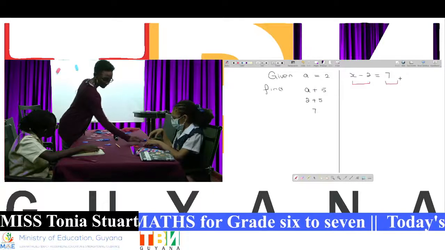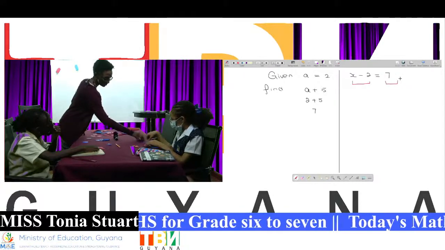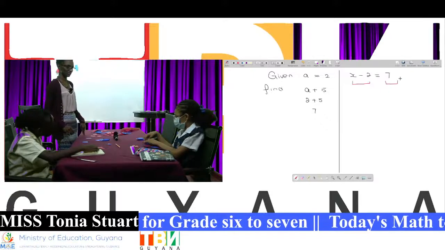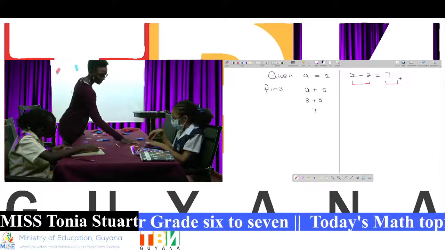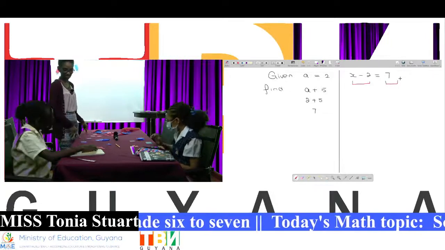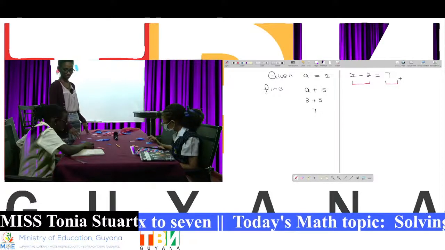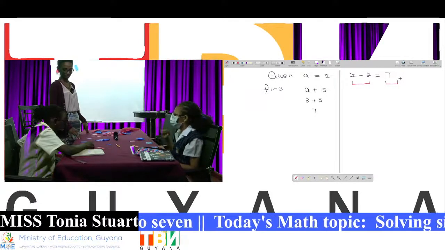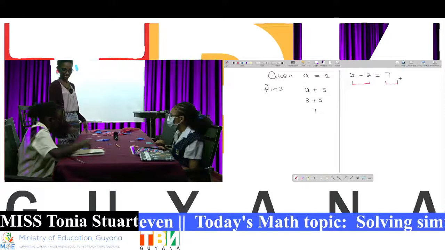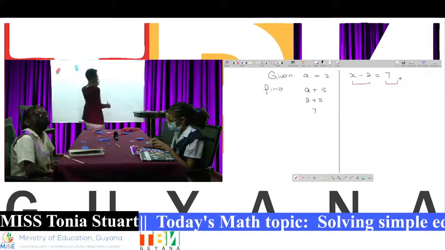And make sure you add on the other side. Because whatever you do on one side, you have to do on the other side. So take these away. So x equals, count up how many tiles you have there now. Those, just the ones on the right. 9. Right? So x is equal to 9.